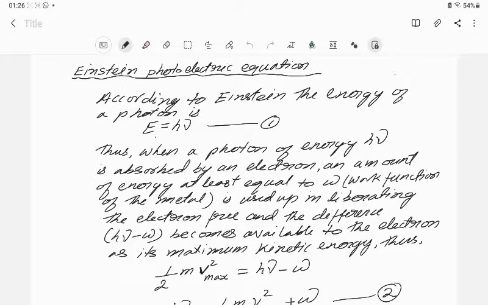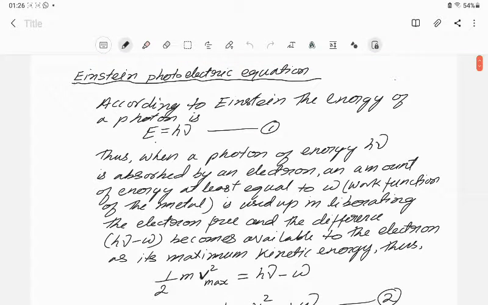Now let's start. According to Einstein, the energy of a photon is E equal to h nu. We studied this yesterday also, right? Energy of a photon is given by E equal to h nu, where nu is frequency and h is Planck constant.